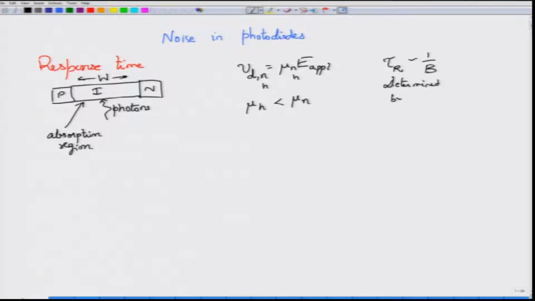So, you can have a very good approximate value for the response time and write this as Wi, to denote the width of the intrinsic region, divided by the drift velocity of the hole, v_dh. This puts out the ultimate limit in terms of the bandwidth of the photodetector.